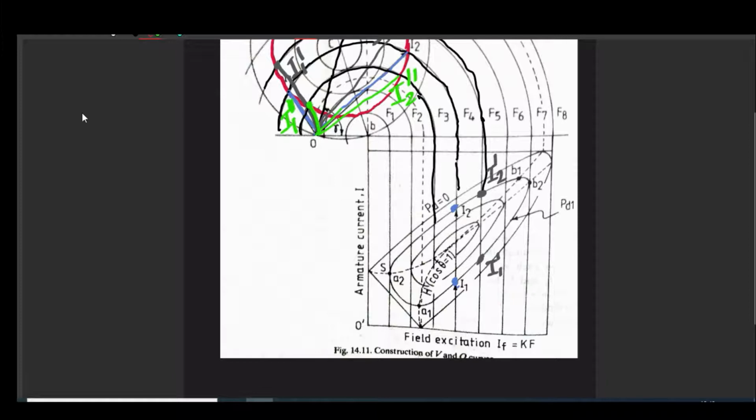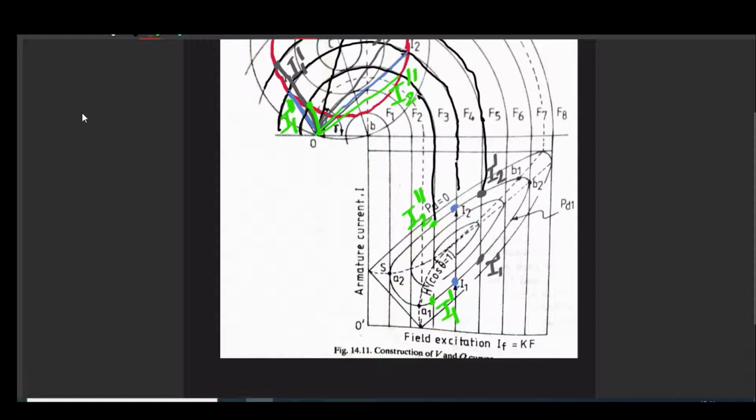This is I2 double dash, I1 dash. It is difficult for me to draw this diagram to scale, so I am trying to show you how we can construct this diagram.